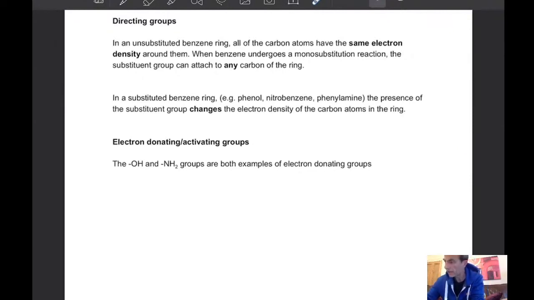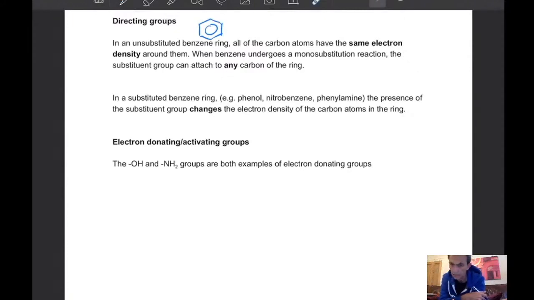So, what are we saying here? Directing groups in an unsubstituted benzene ring, in other words, benzene itself: all of the carbon atoms have the same electron density around them. There's no difference between that carbon, that one, that one, and so on. They're all what we call equivalent.